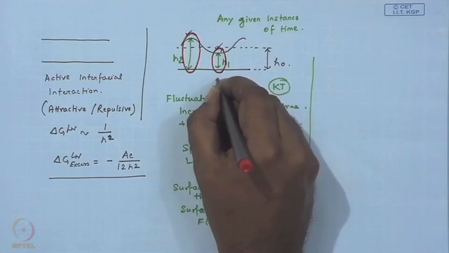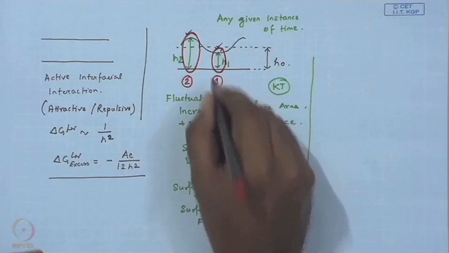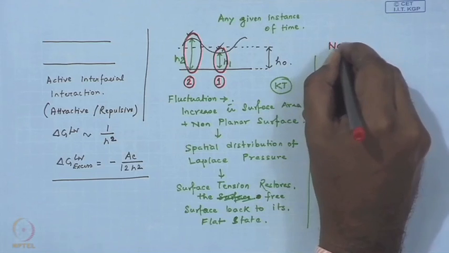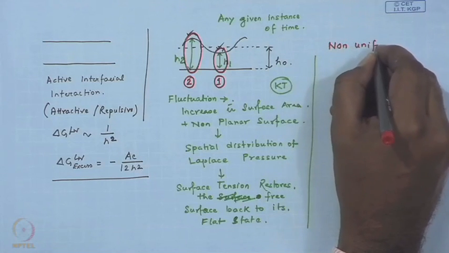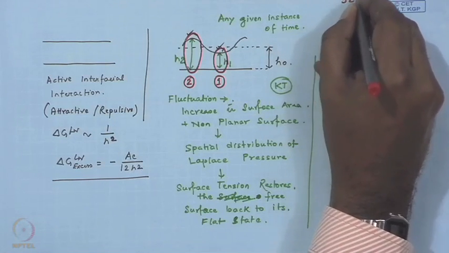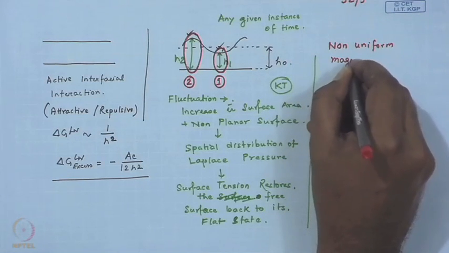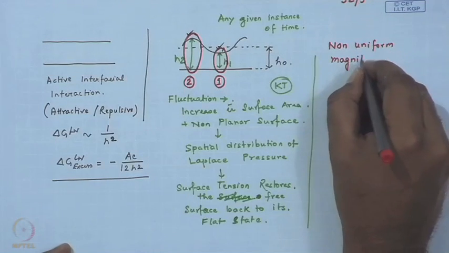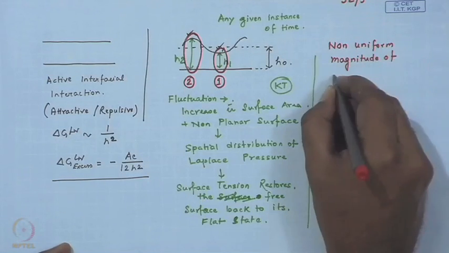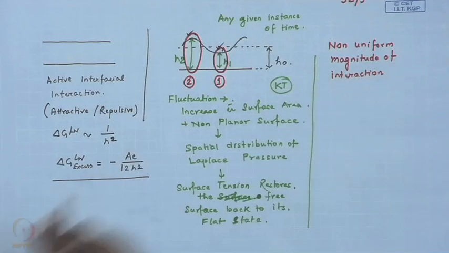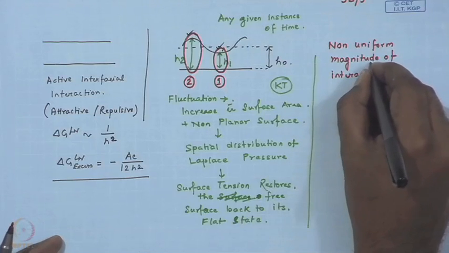Okay. So, let us say this is location 1, this is location 2. So, there is now an additional field that arises because of the non-uniform magnitude of interfacial interaction, I would write.